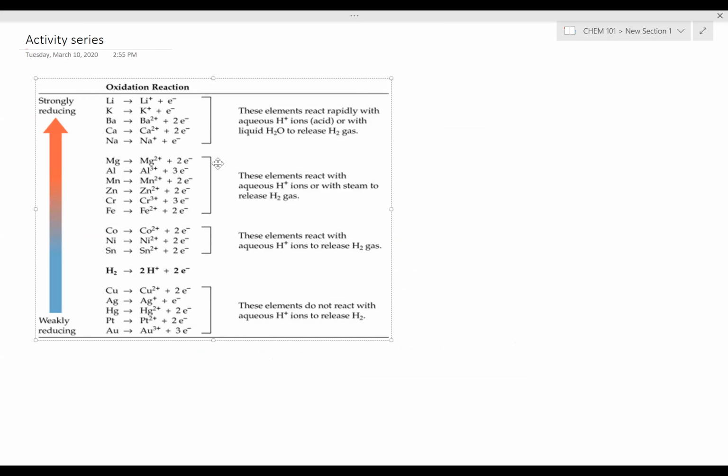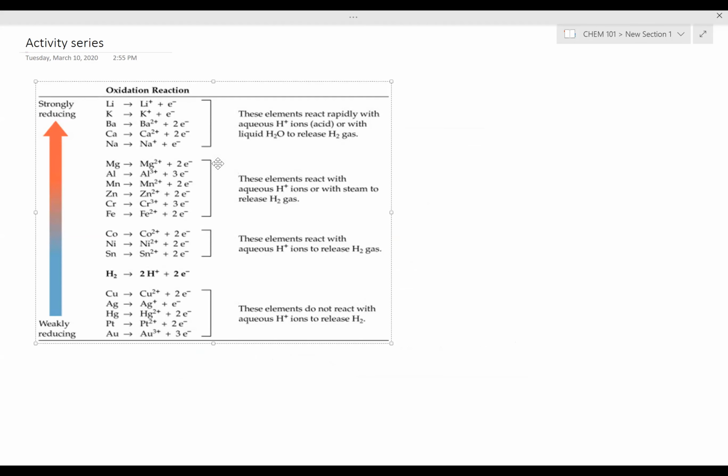Okay, can everyone see the table that I pulled up titled Activity Series? Okay, so this is your goal in this experiment. Your goal in this experiment is to generate an activity series.